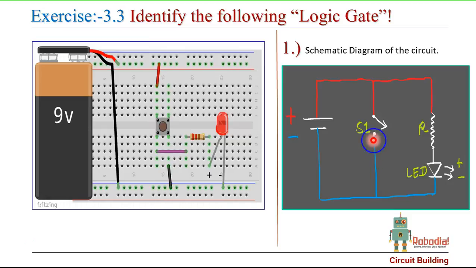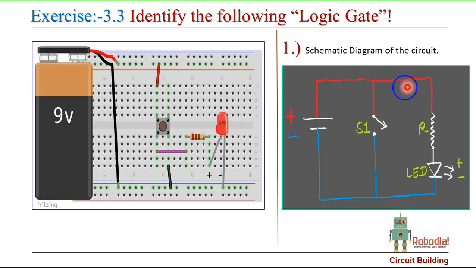Now the second end of my switch is connected to the ground. And the second end of my resistance is connected to the positive leg of my LED. And that's how the circuit is made.